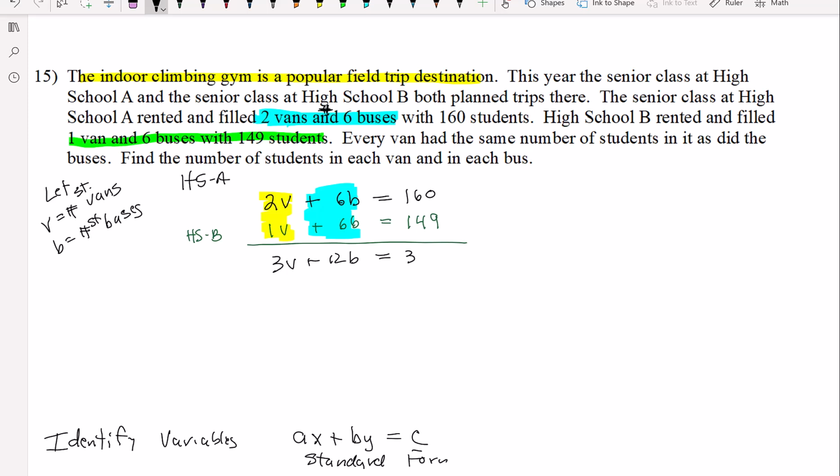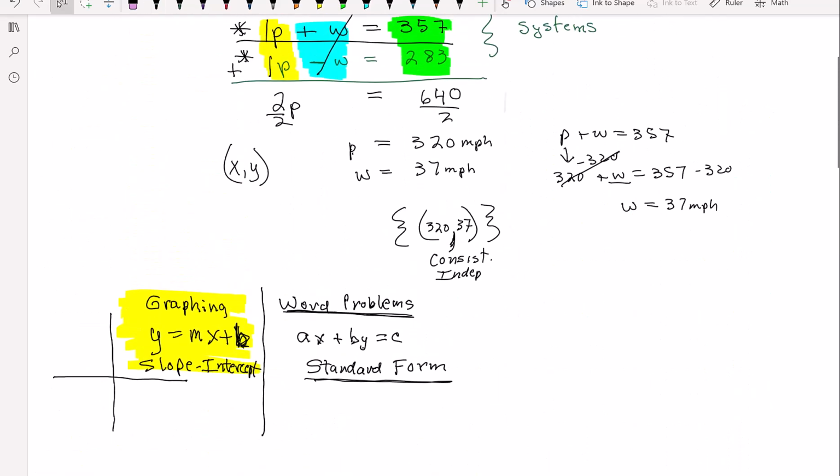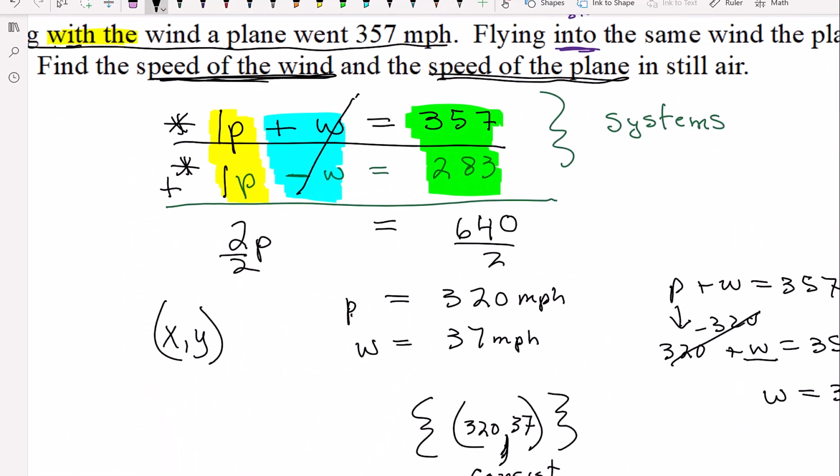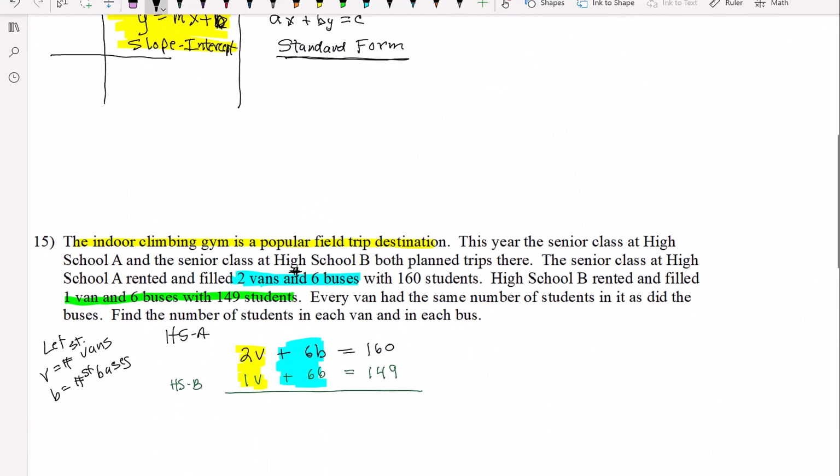Is that 309 maybe? Okay, but that's not what we want. Remember, what we're wanting is to eliminate one of the variables. So on the previous example, remember, variables cancel when you add the columns.